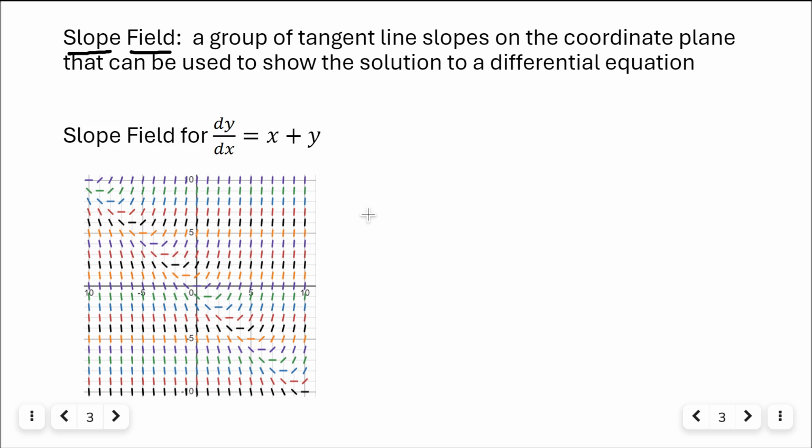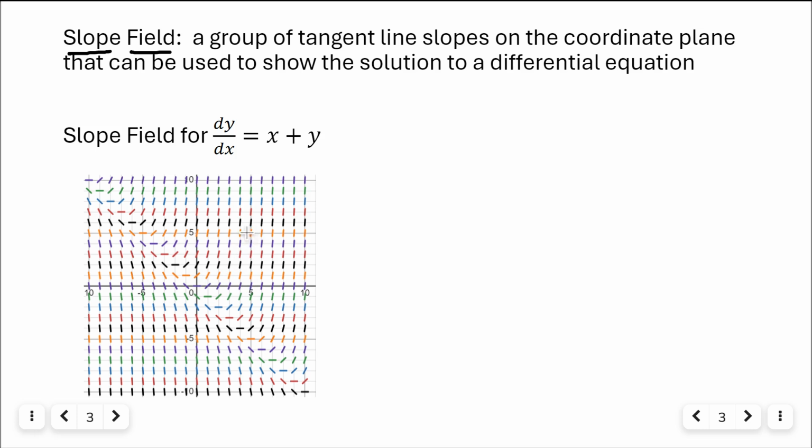So what you see here is 100 different slopes for a tangent line. Here's what's happening. For example, let's take the point (5, 5).